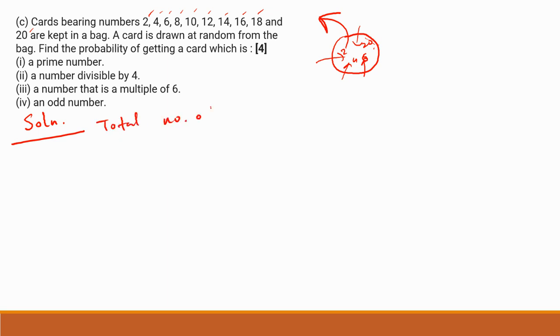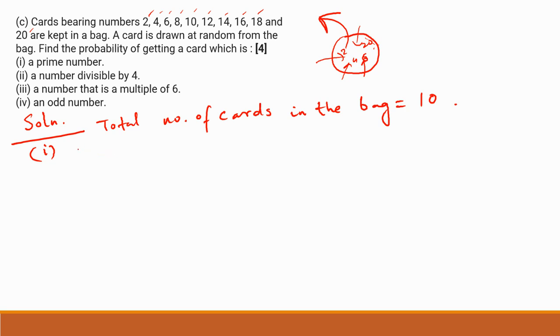So the question is asking, when you draw a random card, what is the probability that you will draw a prime number? What is the classical definition of probability? It's small n divided by capital N, right? The denominator will be the total sample space, and the numerator will be your favorable number.